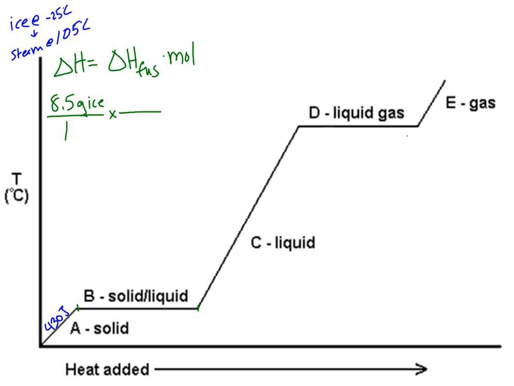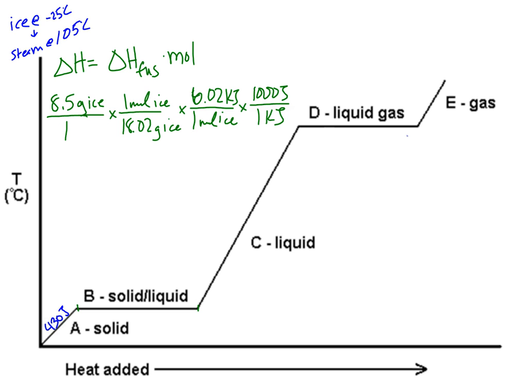And then this is the same problem that we did in class. 18.02 grams of ice to 1 mole of ice, and then 1 mole of ice is 6.02 kilojoules. And then lastly, 1,000 joules is equal to 1 kilojoule.